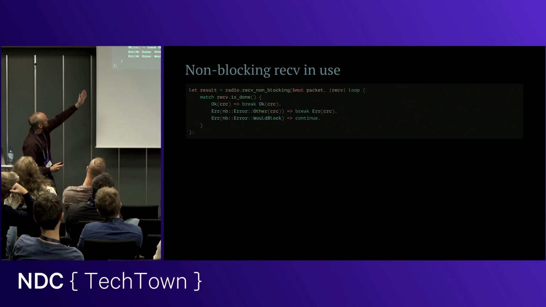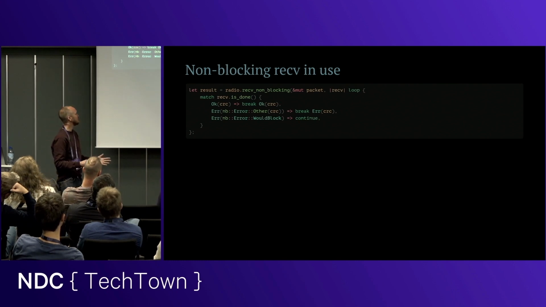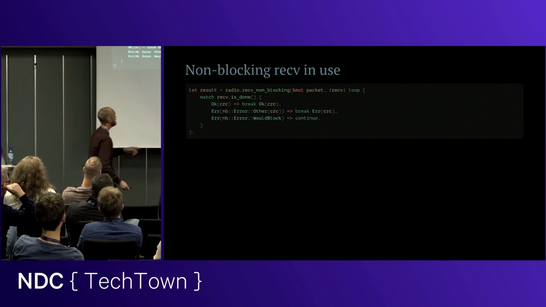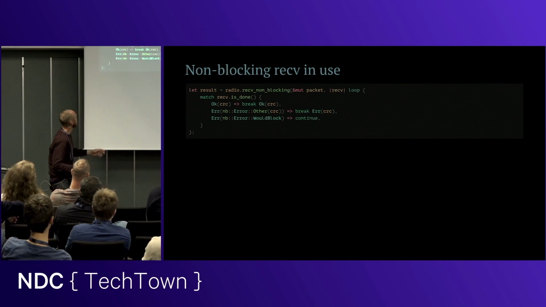So here's how we use this function. We have provided here a closure, a Rust closure, which is an anonymous function that can also capture stuff from its environment. But in this case, we're not capturing anything. It takes this receive argument, then we get this receive handle, and you do a match.